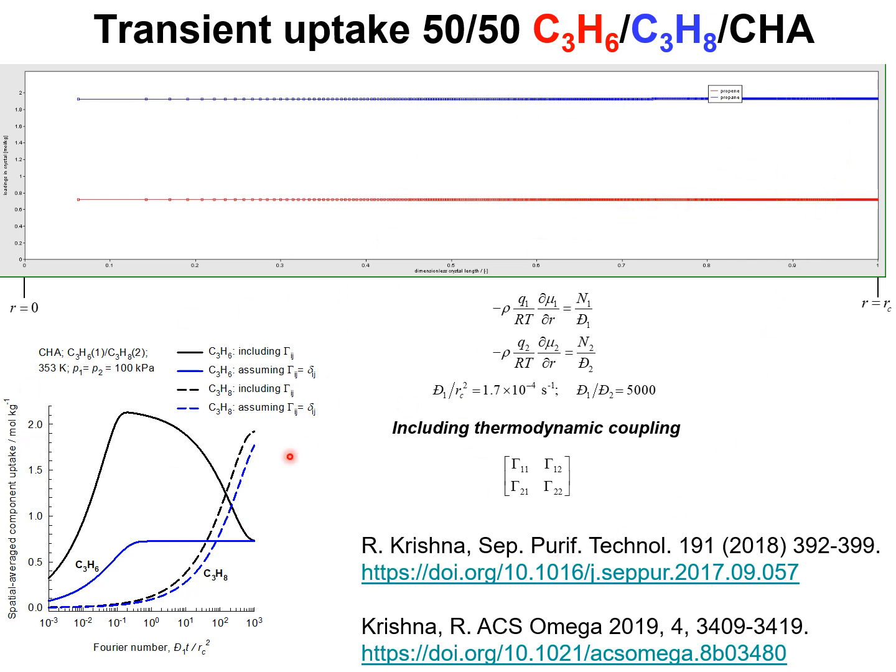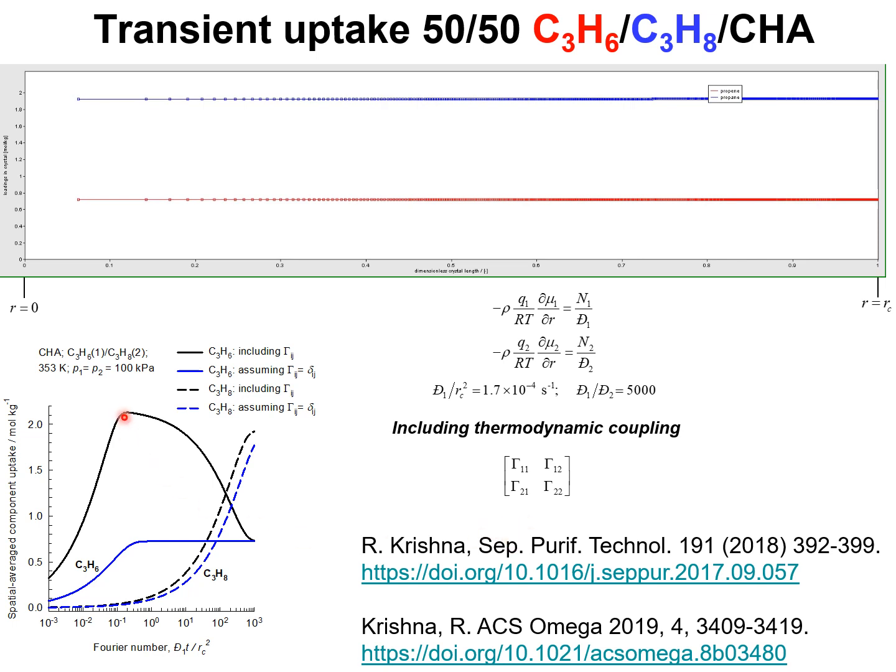The spatially averaged component loadings are plotted here. In black are the simulations that include thermodynamic coupling effects, and the lines colored blue are simulations in which thermodynamic coupling effects are ignored, and the simulations are based on the assumption that the matrix of thermodynamic correction factors is the identity matrix.